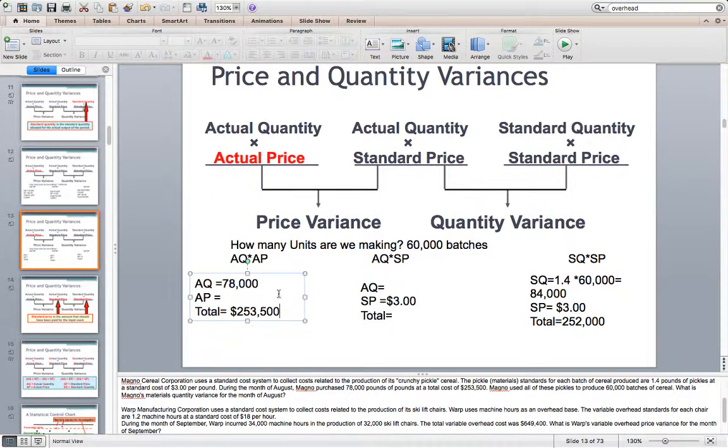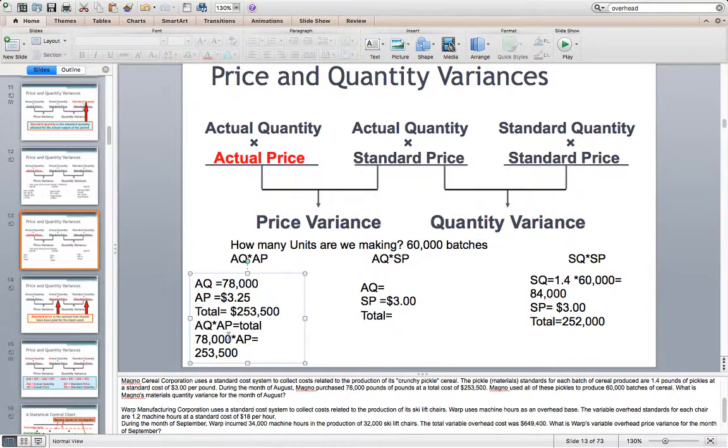They gave us a total and they gave us the actual quantity. So just going back to the formula and Algebra 2, you know, AQ times AP equals the total. We know AQ is 78,000 times AP, we don't know what AP is, equals 253,500. So if I take that 253,500 divided by 78,000, I will get an actual price of $3.25.